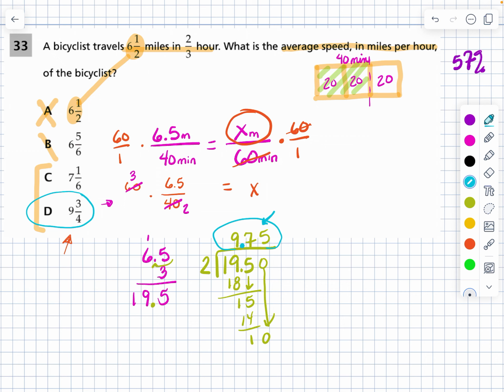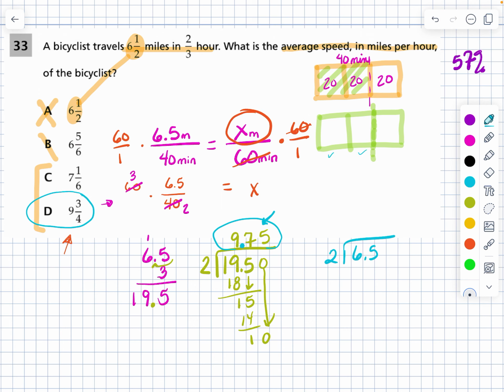Now, here's another way to solve it. If you forget how to do this, for whatever reason, I'm going to set up another rectangle divided into thirds. So I know that in this 2/3 amount of time, they traveled 6.5 miles. So I can divide 6.5 divided by 2 and I can figure out how much they travel in 20 minutes, right?